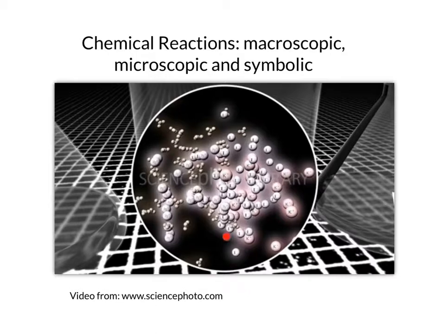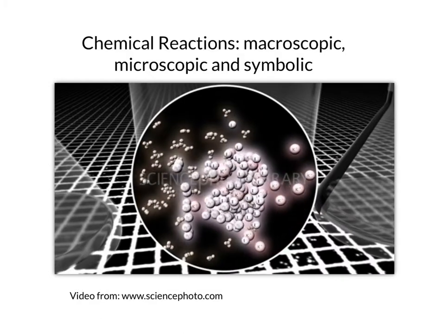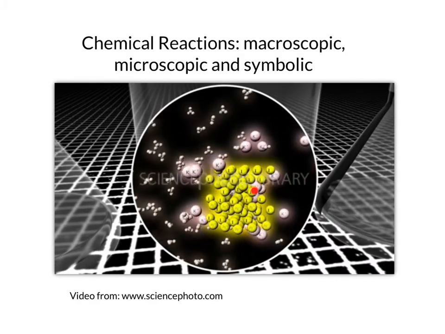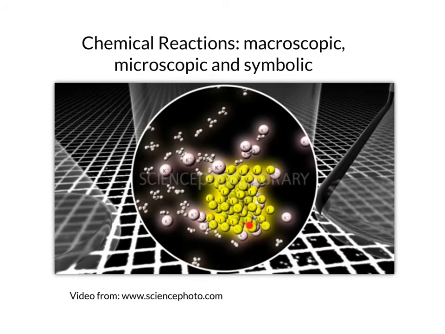These ions are all floating around in the aqueous solution, so there's a lot of water molecules in here as well. What happens when all of these ions are together in solution is that the lead and the iodide begin to form a lattice and a new ionic compound, lead iodide. That lead iodide is yellow in color.